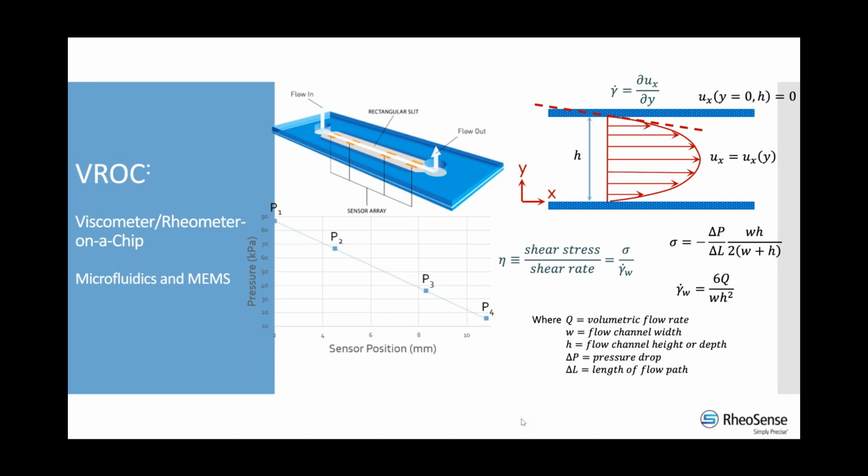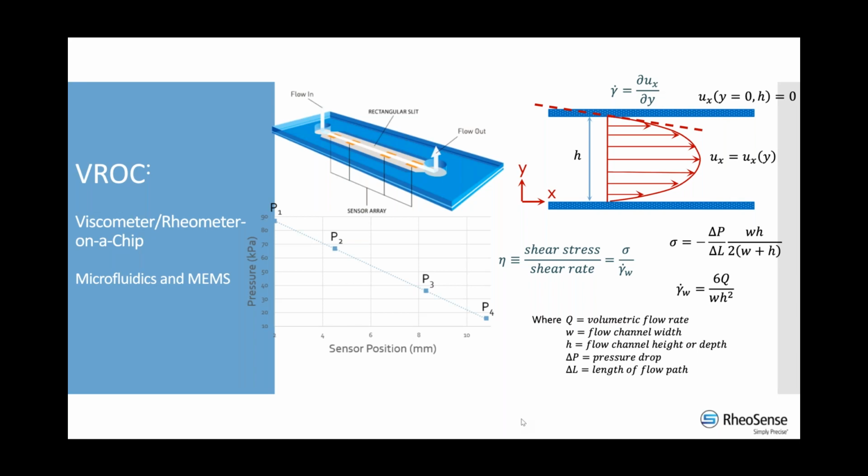So we have a rectangular microfluidic channel where we have 4 pressure sensors that are located along the base of the channel, and they can measure pressure drop as the fluid flows through the channel. We control the flow rate, or Q, through the channel, and we can monitor pressure drop as the fluid flows across the pressure sensors.